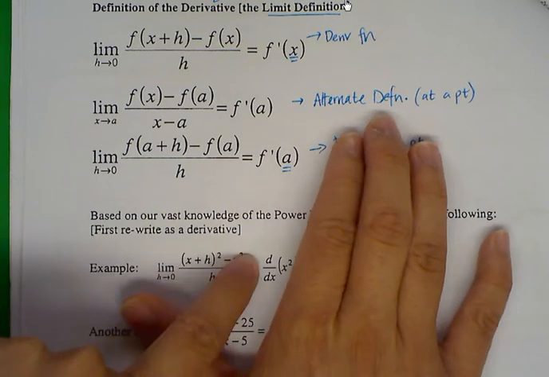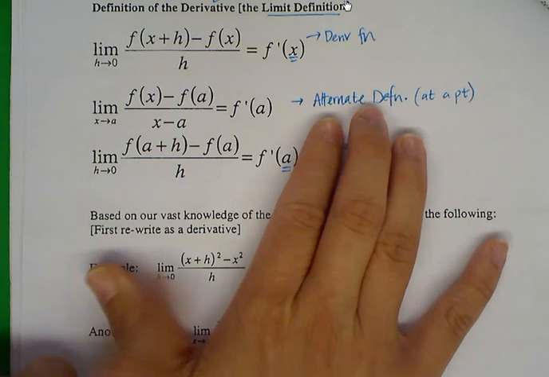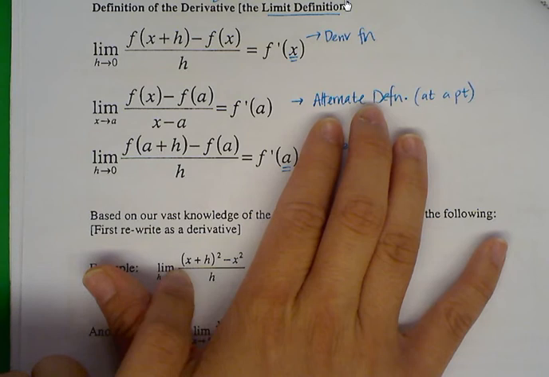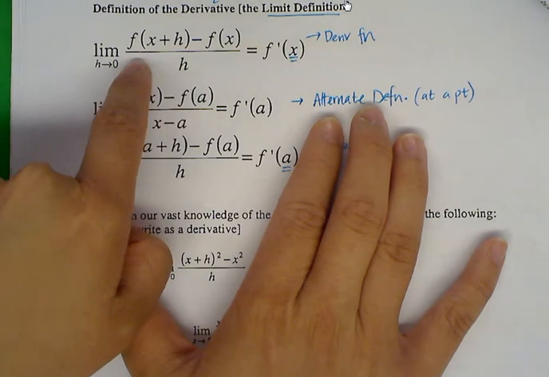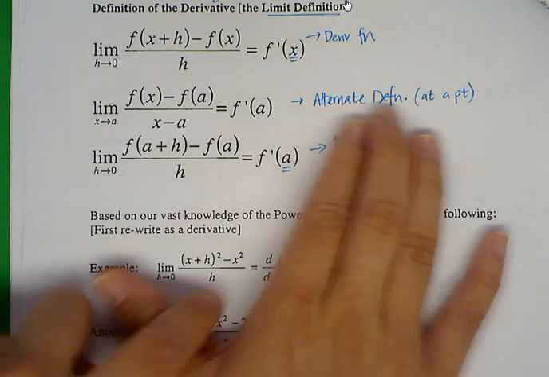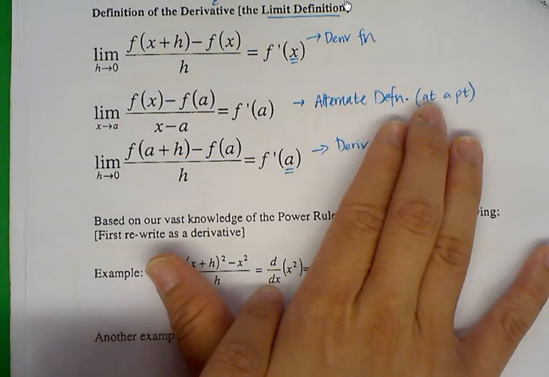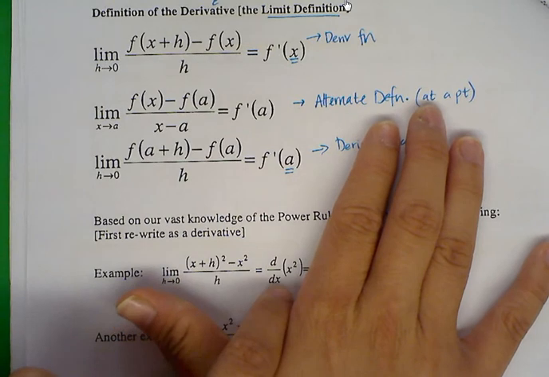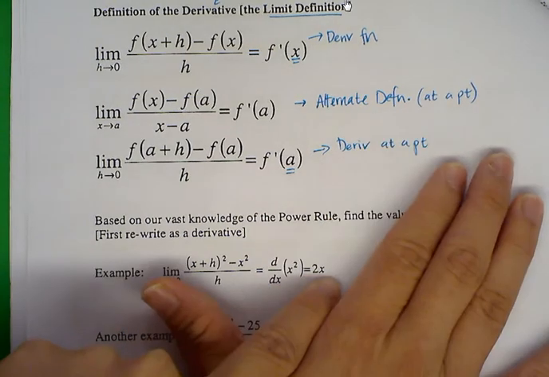But what is the function? The function is an x squared function, right? They're not going to say f. They're actually going to put in there what f is. f is x squared. So that should tell you, oh, that's the derivative of x squared, which you don't have to do this anymore. You know how to do the derivative of x squared. What is it? 2x. Get it?